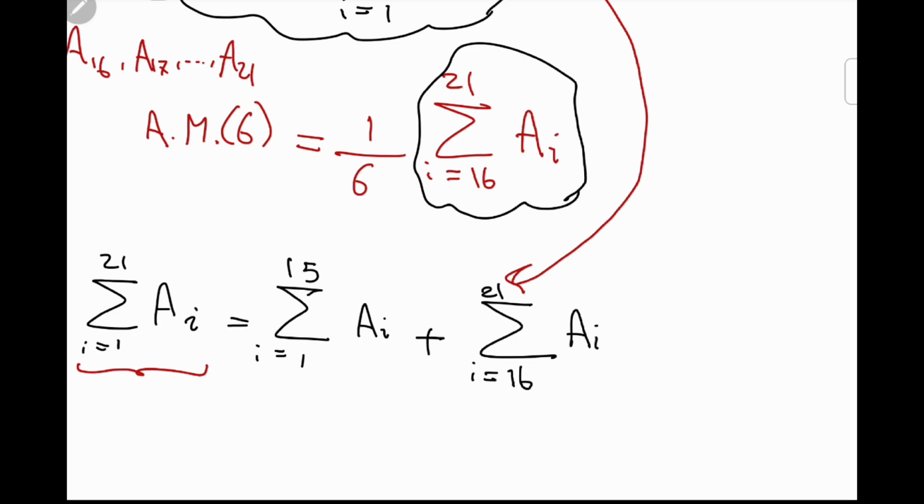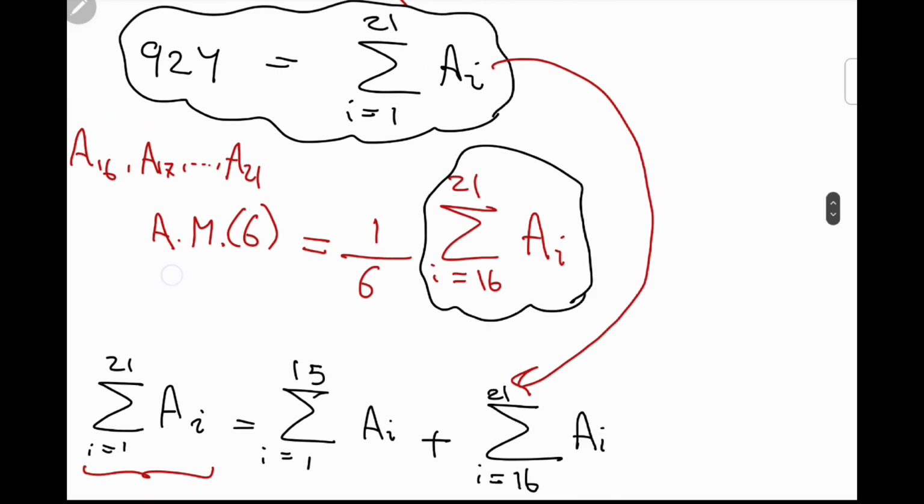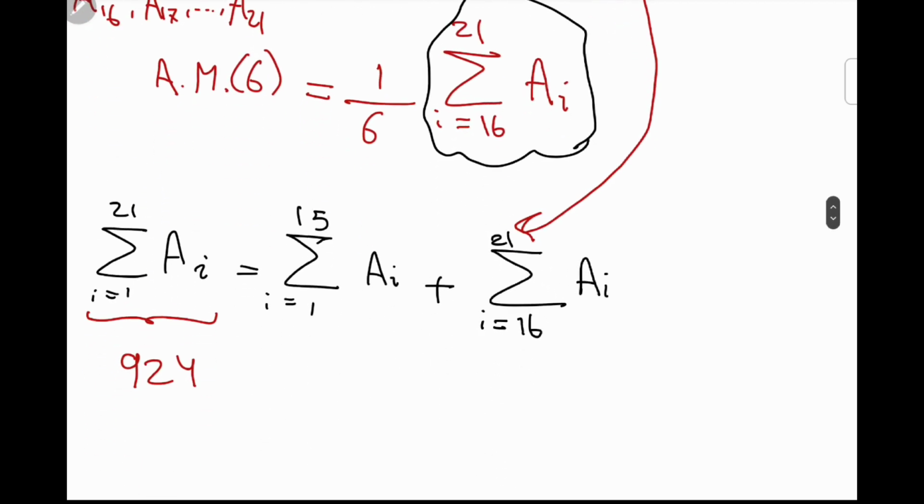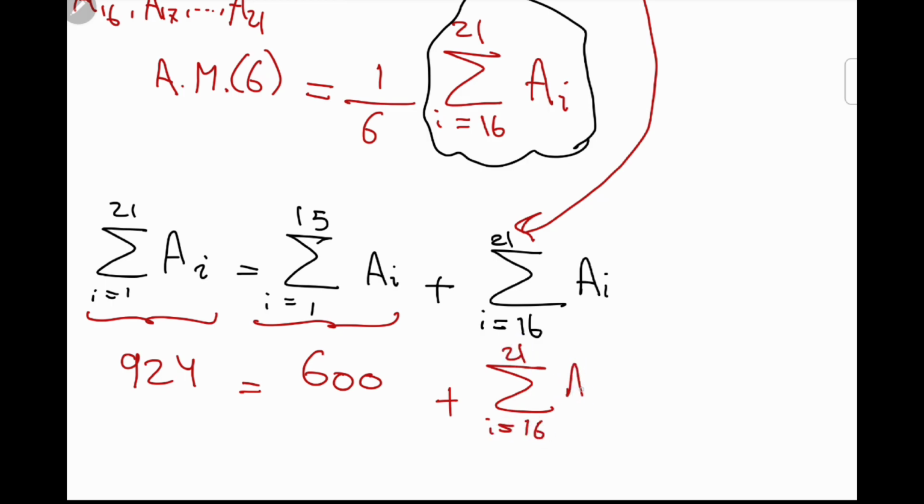This number is 924 according to this, equal to 600 plus the sum I equal to 16 to 21 of AI.